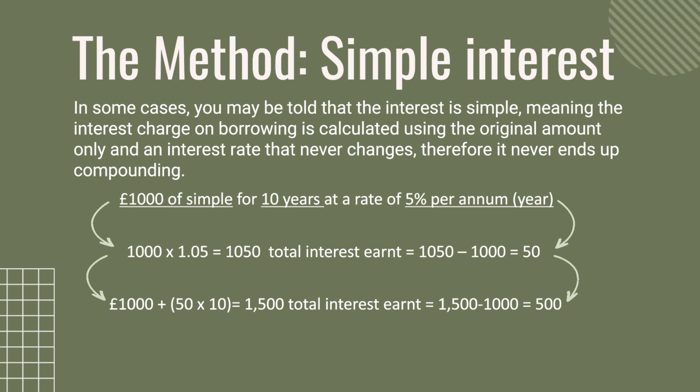Our total interest earned is still new minus old, giving us £500 in interest earned. You will never usually see simple interest in the real world, as compound interest over a longer period of time outweighs any simple interest.